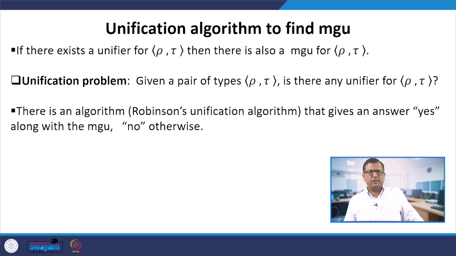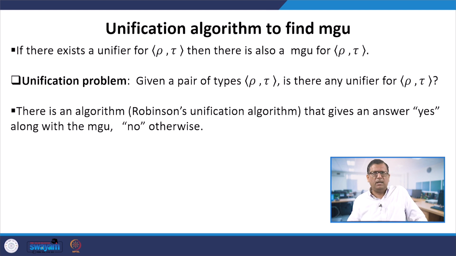Now, we have to define the unification problem. Before that, we can see that if there exists a unifier of rho tau, then there is also an m.g.u for rho tau. Now, the problem is: given a pair of types rho tau, is there a unifier for rho tau?